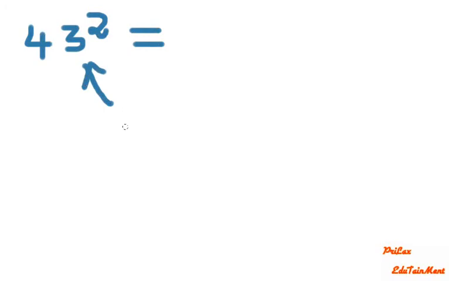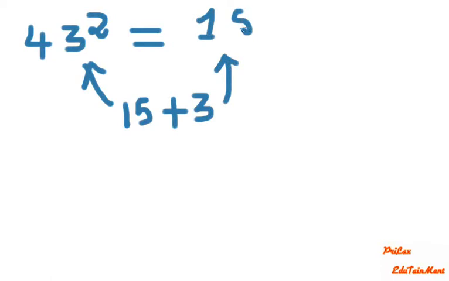So let us solve the remaining squares. 43 square. Add 15 to the unit digit of the given number, that is 3. 15 plus 3 is 18, which represents the first two digits of the answer.